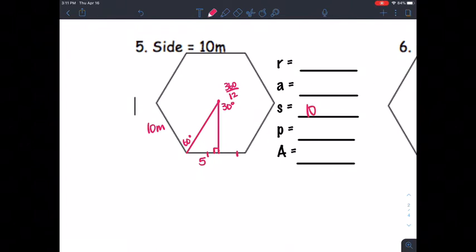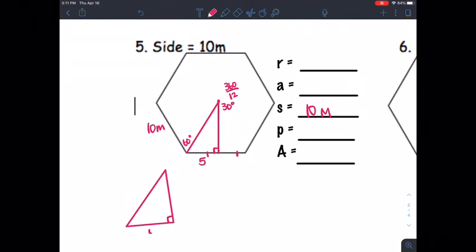Now, here's my side length of 10. If I work with my special right triangle, sometimes it's easier to draw them out here to the side so you don't get your sides confused. This side is 5. Here is my 60. In the wrong spot. Here's my 60 and my 30. So this is my short side.